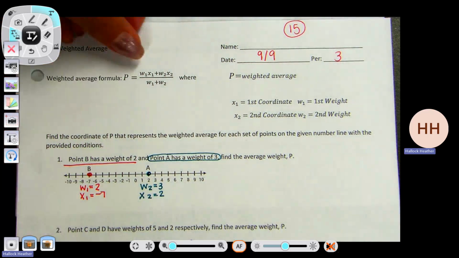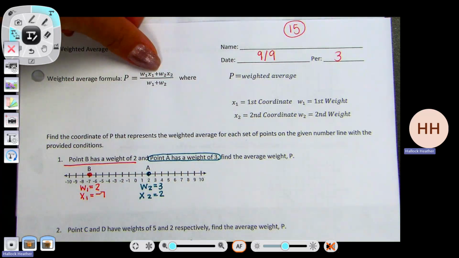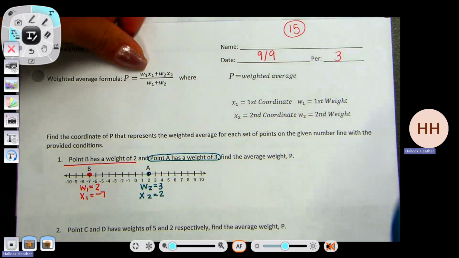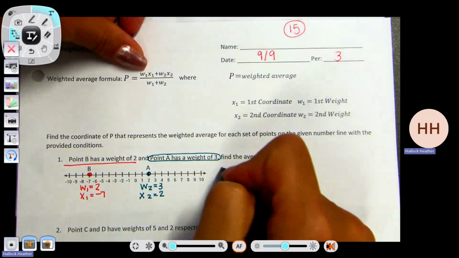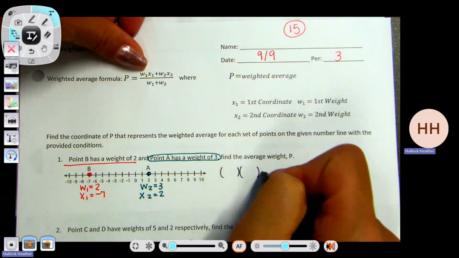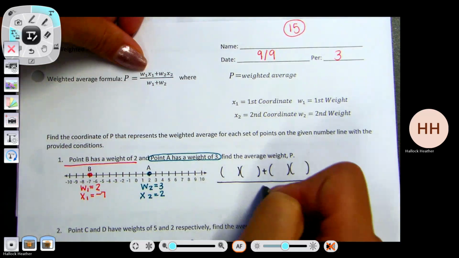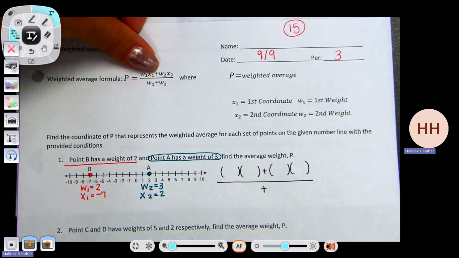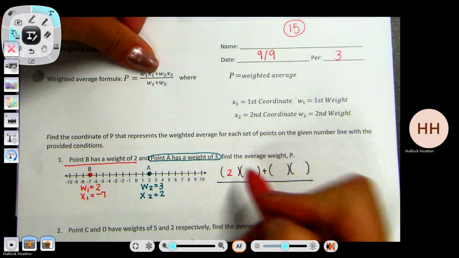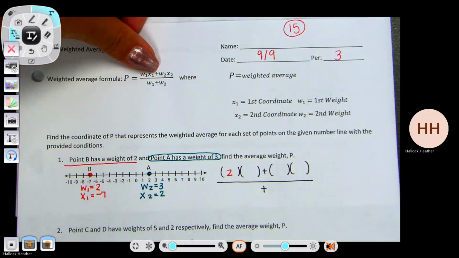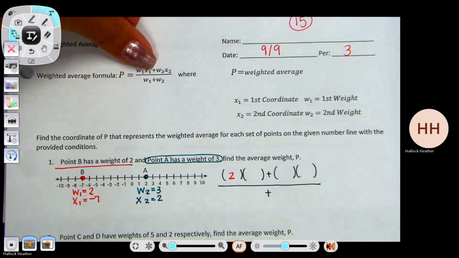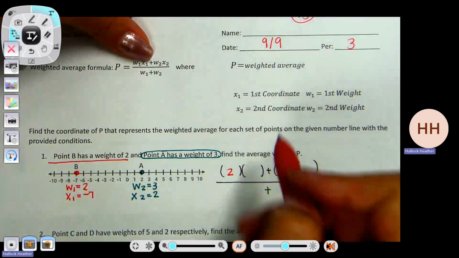So the formula is the weight multiplied by the location. So weight 1 is how much? 2. And I'm multiplying by its location. So where is that at on the graph? What is x1? -7.